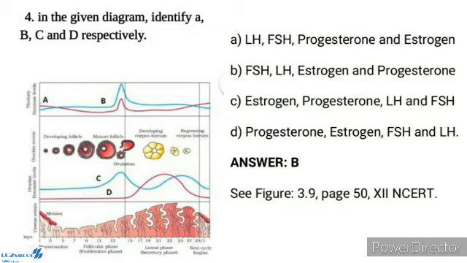The secretion of gonadotropins, that is LH and FSH, increases gradually during the follicular phase and stimulates follicular development as well as secretion of estrogen by the growing follicle. Both LH and FSH attain a peak level in the middle of the cycle, about the 14th day.